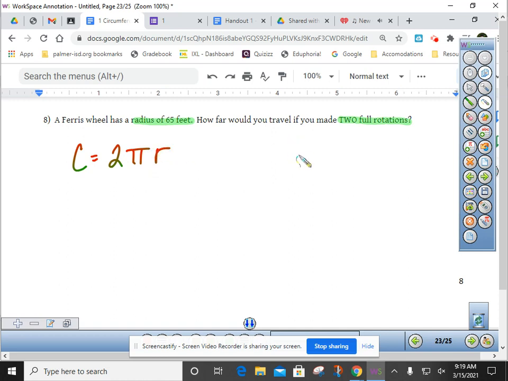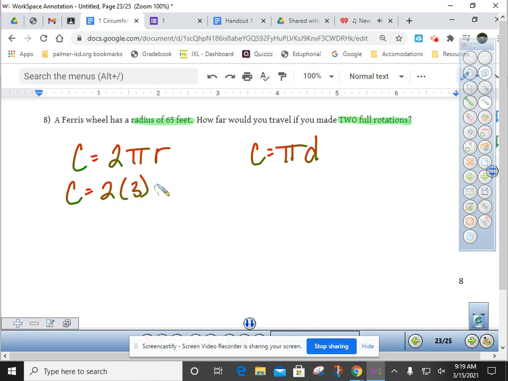Why did you use that one, Gracie? Because it has the radius. Can you use pi d? Yes. Wait, no. What would you have to do to the radius if you were going to use pi d? Multiply it by 2. Or you can just use this one. 2 times 3 times, what is the radius? 65. Perfect. Work that out.